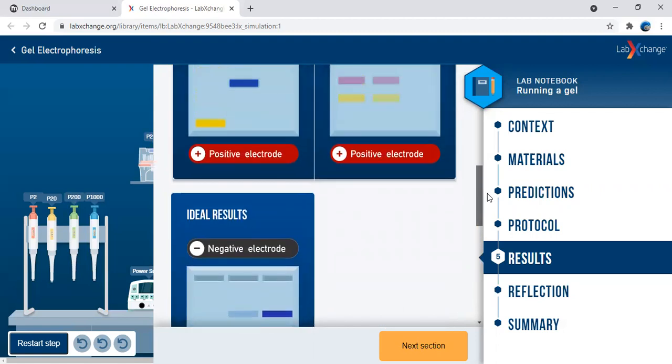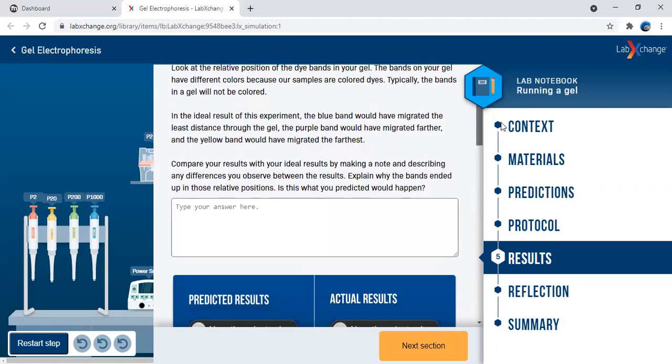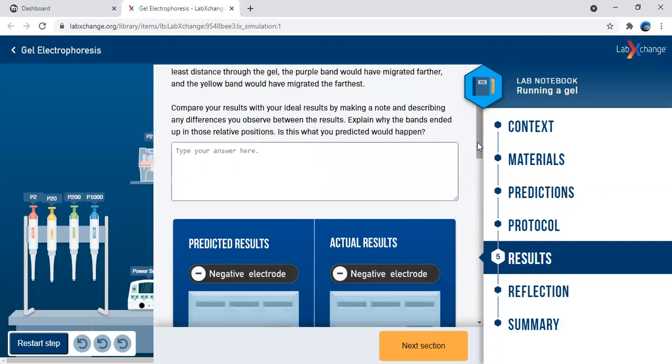So I can see here that the yellow band moved the furthest in my prediction, as well as the actual and ideal results.